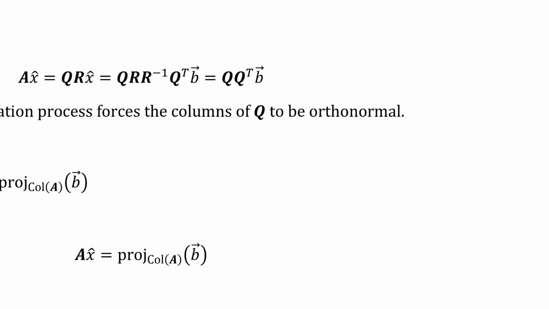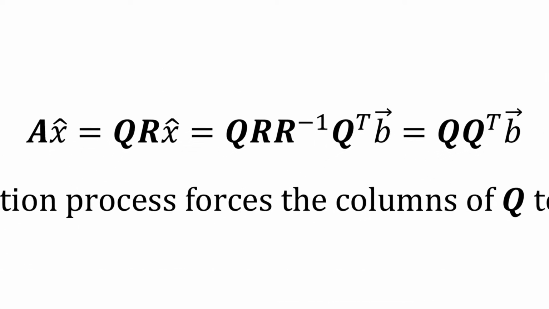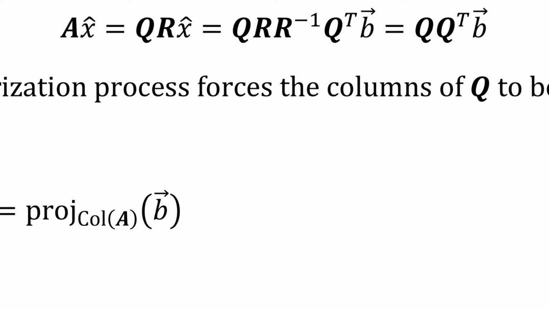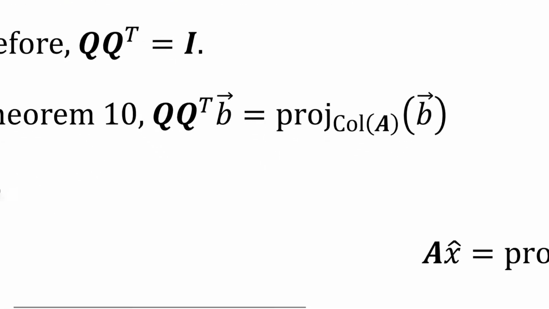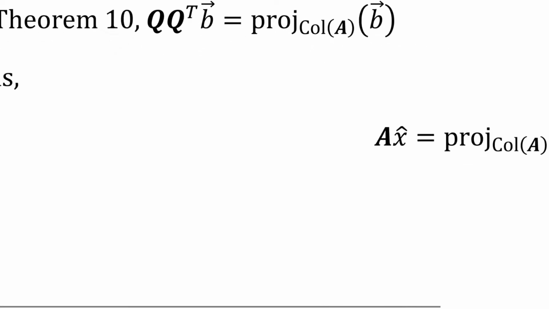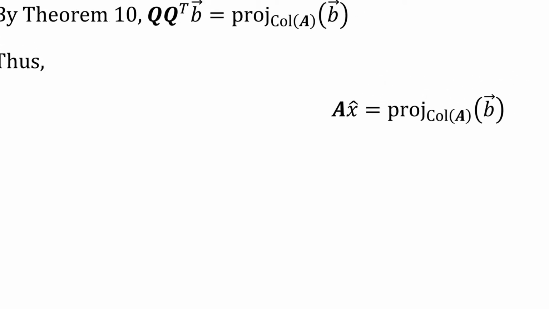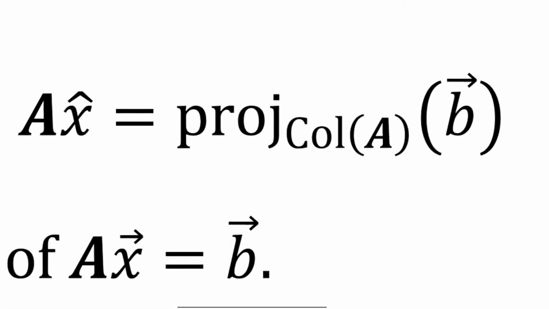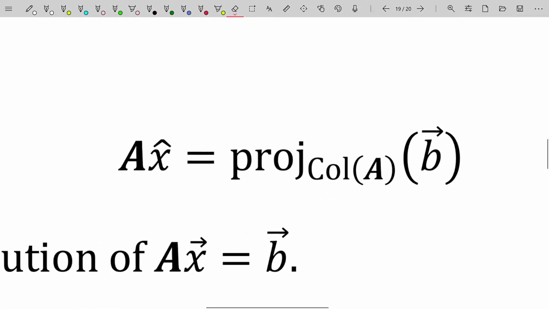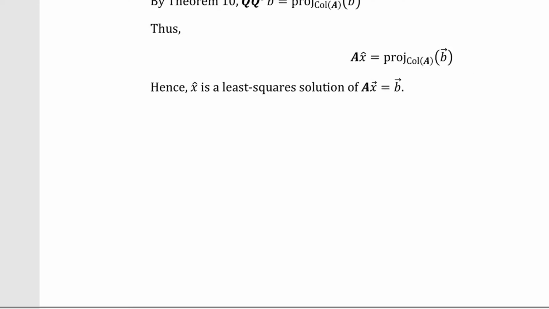Therefore, we have that A times X hat, which was Q times Q transpose B, is actually the projection of B onto the column space of A. And by definition, that means that X hat is a least squares solution of Ax equals B. Because again, A times X hat is equal to the shadow of B onto the column space of A.